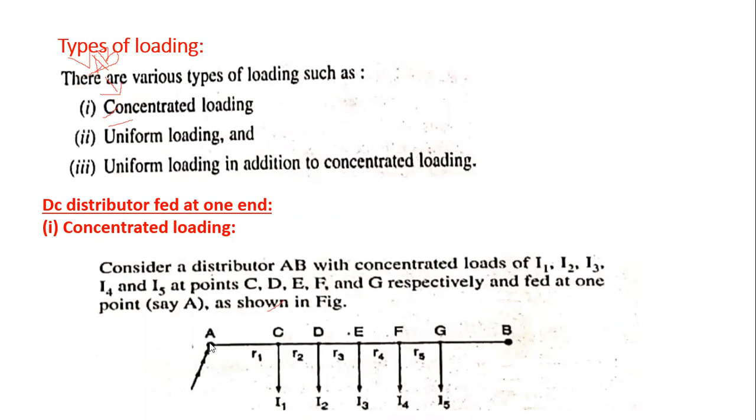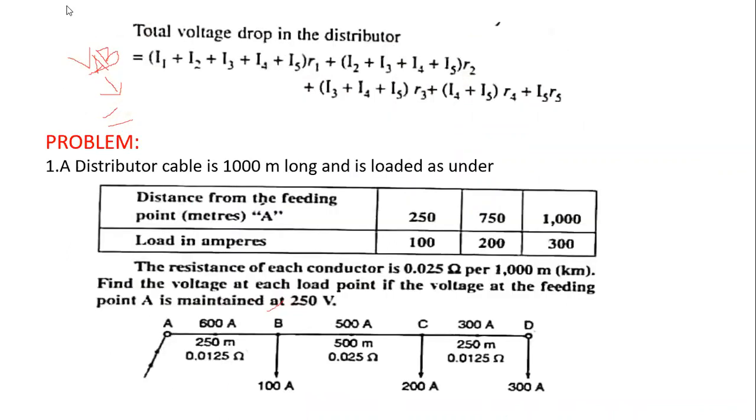We already calculated the voltage drop across AC section, CD section, DE section, EF section and FG section. Then we write down the total voltage drop VAB. This is the derivation for DC distribution systems fed at one end, that is A point.